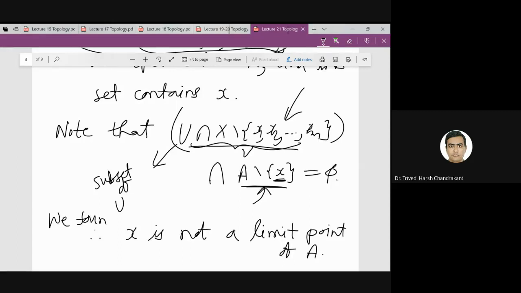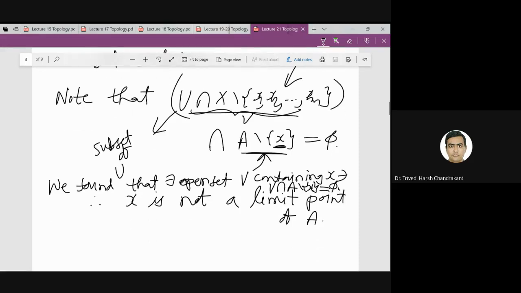We found that there exists an open set V containing X such that V intersection A, so V does not contain a point other than X. And if we have a neighborhood which does not contain a point other than X, that means X is not a limit point of the set A. So that is what we proved here.